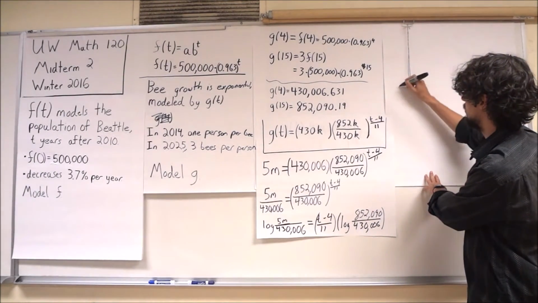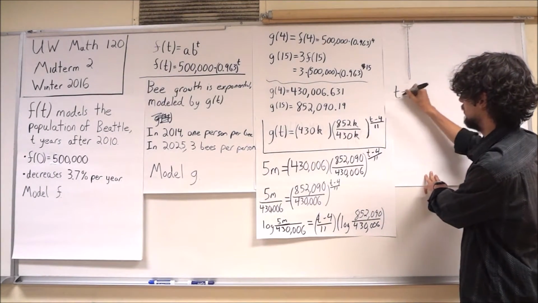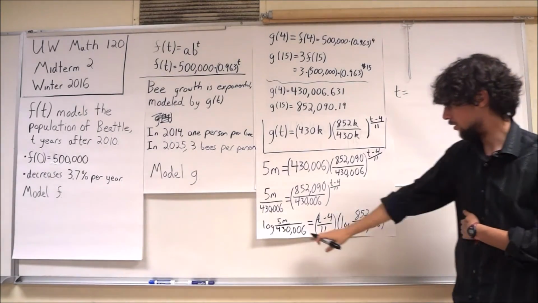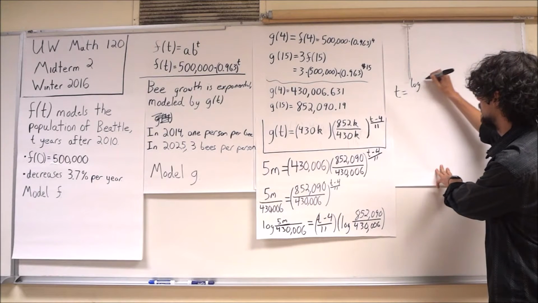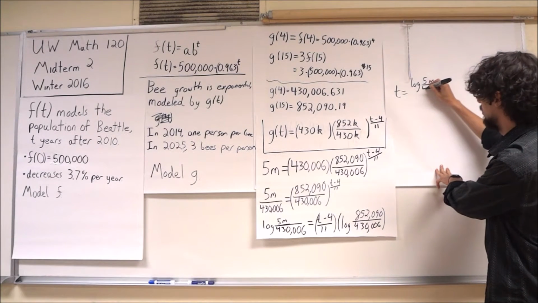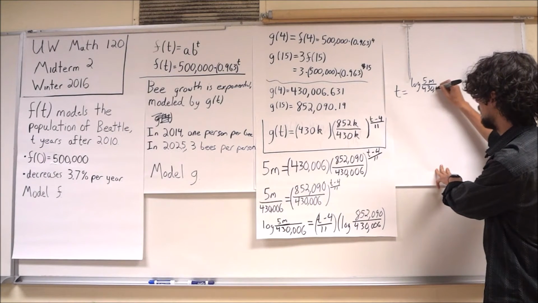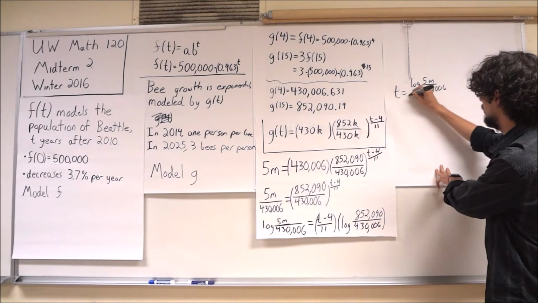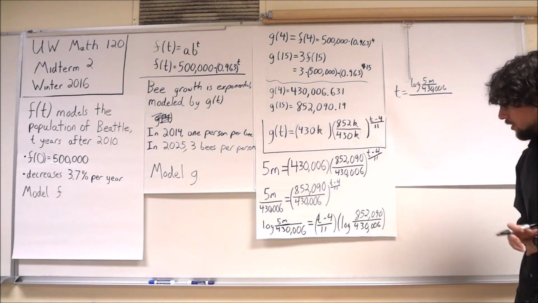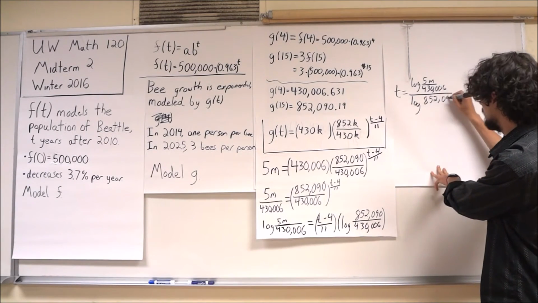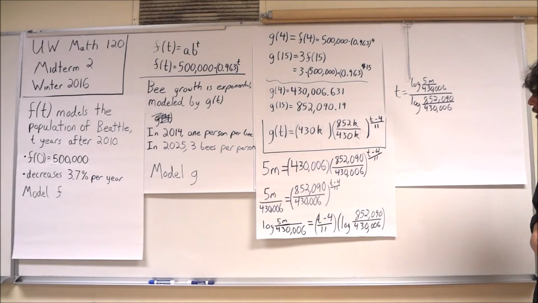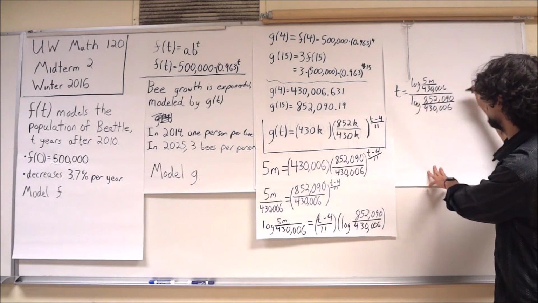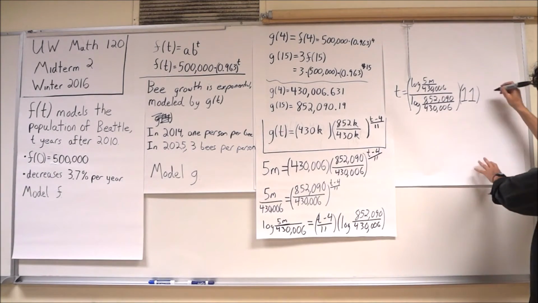And we find that t will equal the log over here over this log, and then we multiply by 11 and add 4.